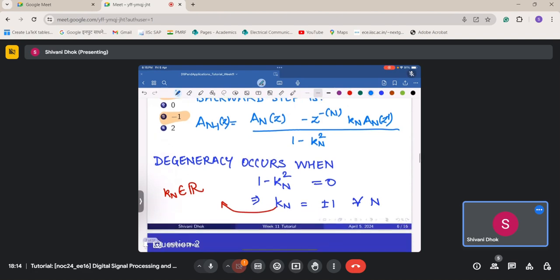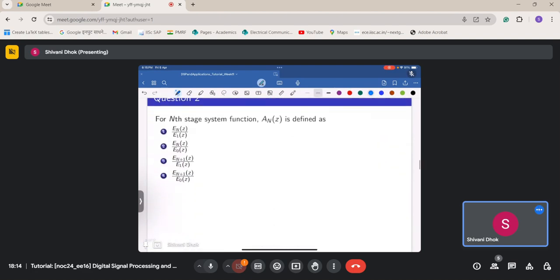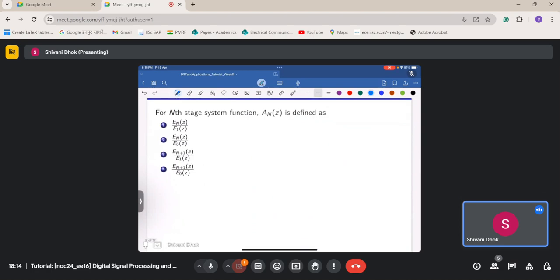Okay, if there are no questions, then let me go on to the next question. This is also very simple, just discussed in lecture also, but still I took it.